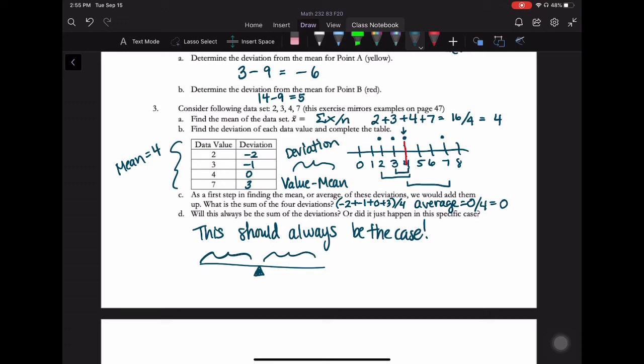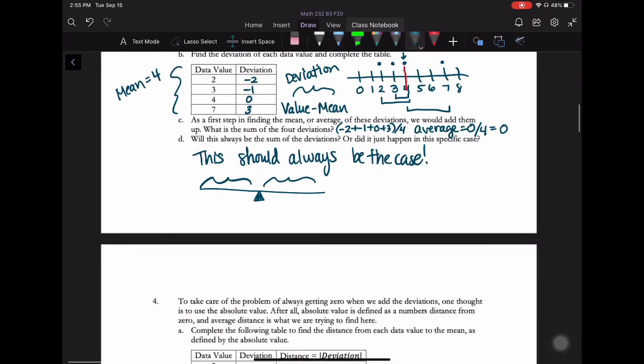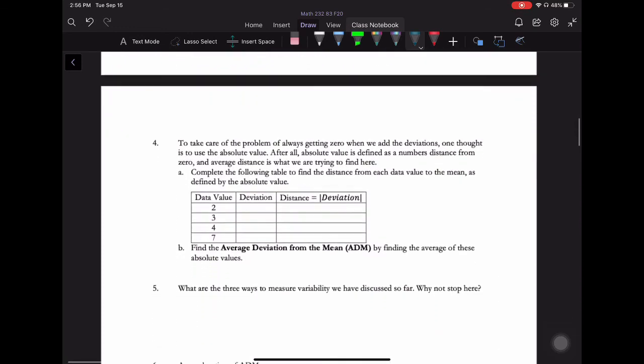So your deviations on the left should be equal to the deviations on the right. Otherwise, we haven't calculated our mean appropriately. There are times when you are using decimals and you've rounded and you might get 0.01 or negative 0.01 instead of actually 0, and that's just due to rounding error.